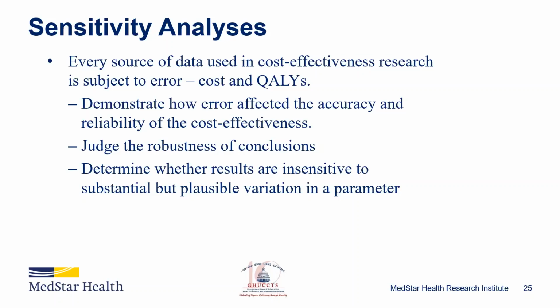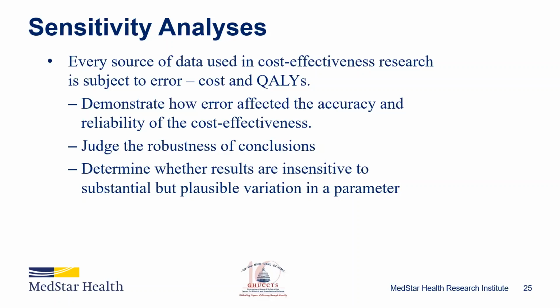And so we need to demonstrate how much of a difference would be found if the cost was different from what we actually used. And the cost we use is the mean cost. And I forgot to mention, we call that our base case.